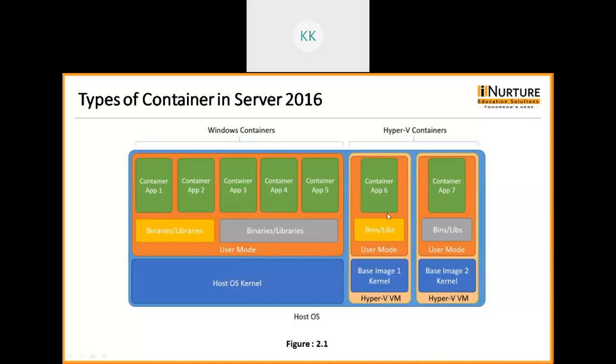Here you see for each and every container a separate kernel image is there. That means all the processing happens in the kernel. Now if you can isolate the kernel, then there will be no chances of mixing up the different processing. The rest of the binaries, user mode and all, remain exactly the same. So this segregation of the kernel provides an extra layer of security to the container in the case of Hyper-V containers, as compared to Windows containers.